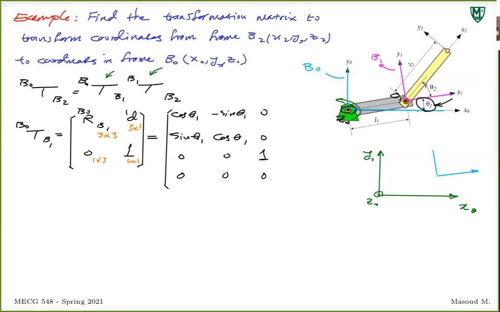This is your X1, this is your Y1. And you always had this as D. In this case, it is represented by D1. And this is coming out of the screen, Z1.